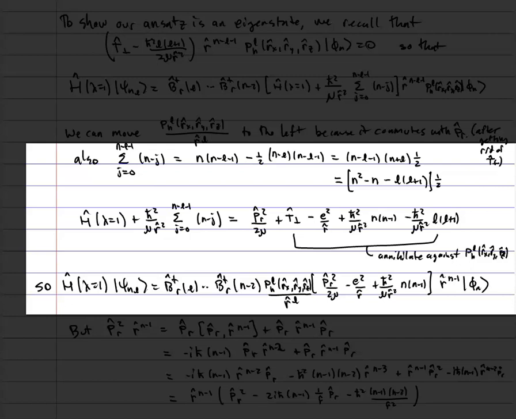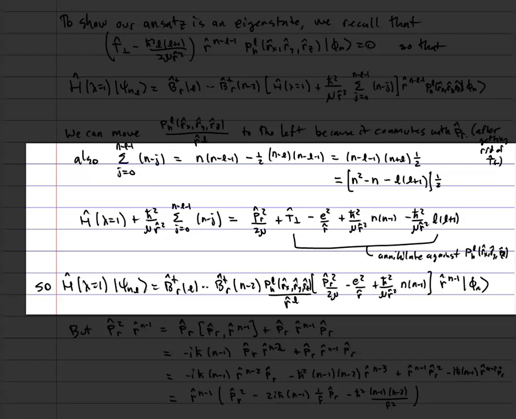So now, I actually skipped something, so let me start that over again. We write H of lambda equals 1 as plus this h bar squared times that summation. That is equal to Pr squared over 2 mu plus T perpendicular minus h bar squared over mu r squared L times L plus 1 minus e squared over r hat plus h bar squared over mu r squared times n minus 1.